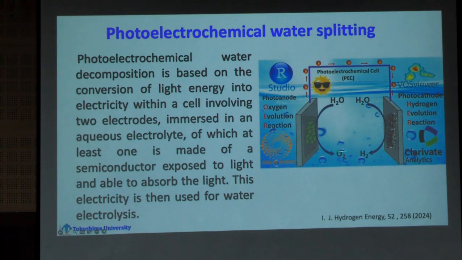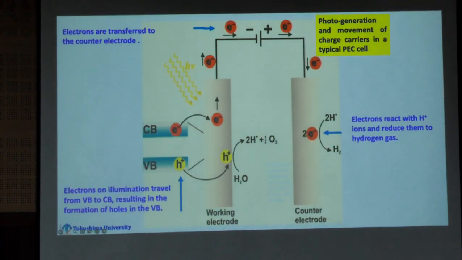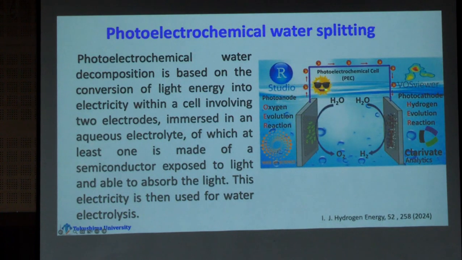How can we distinguish between a counter electrode and a working electrode in this? Usually we fix one, the counter electrode, and the working electrode we may replace. This is optimization, to find which one is good, because we are dealing with light.